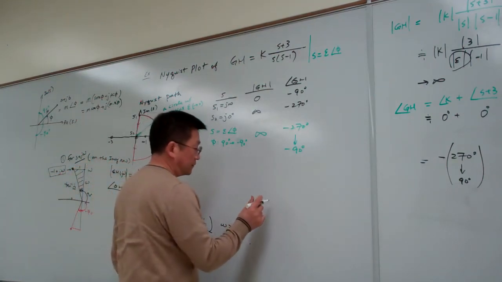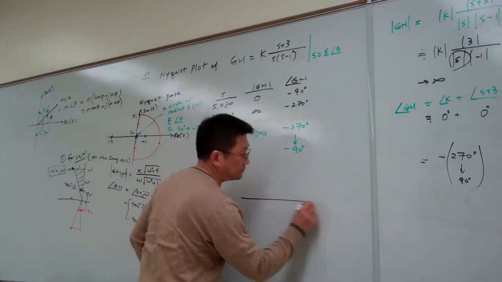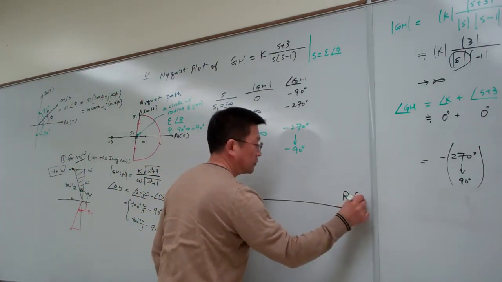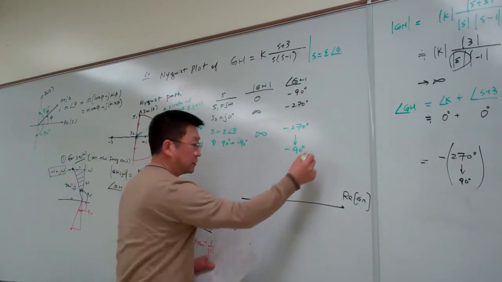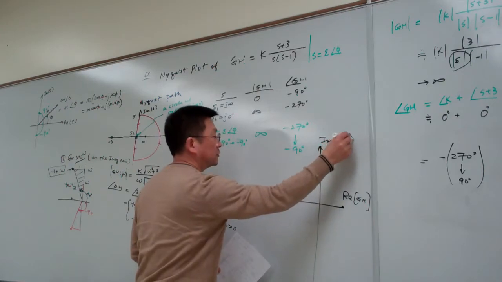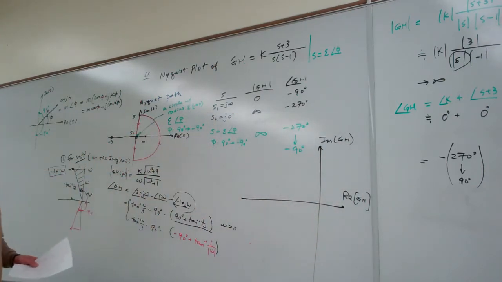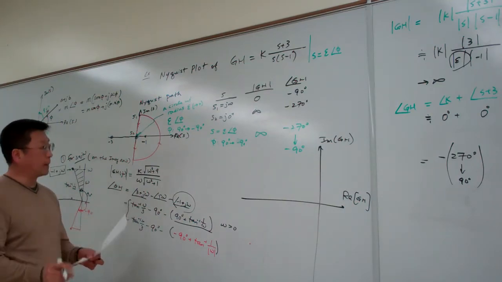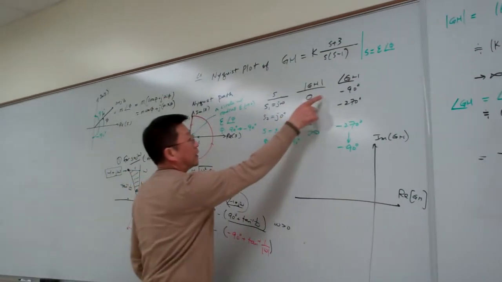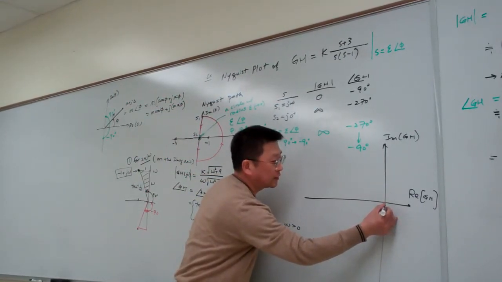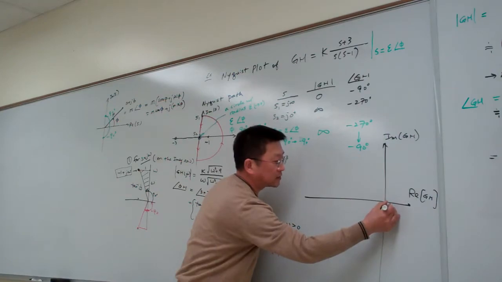So we can give a try. This is the real part of the GH, and let me put this in imaginary GH. Okay, so where is S1? S1 is almost 0 and minus. So let me say S1 is here, this point, and this is the minus 90 degrees.